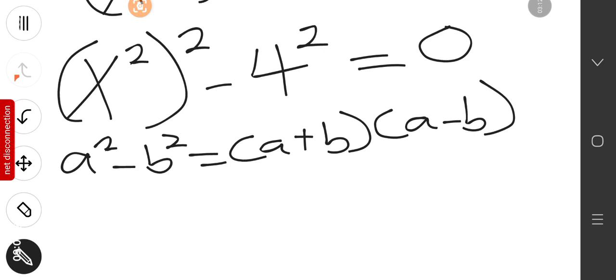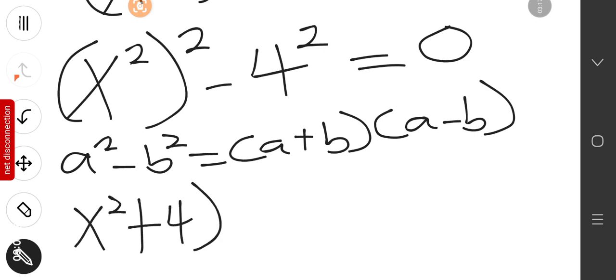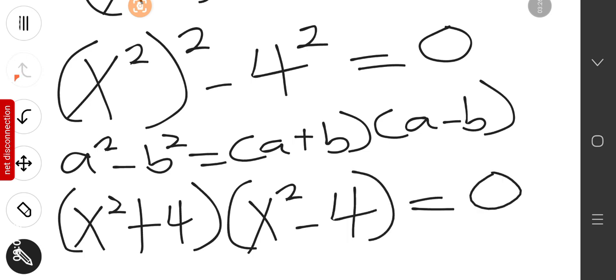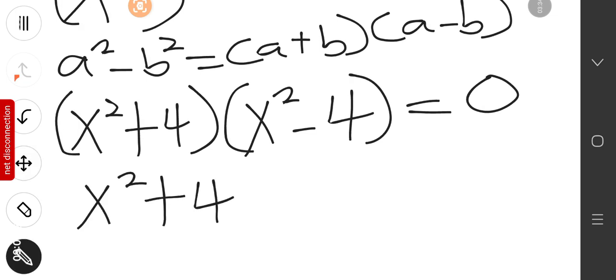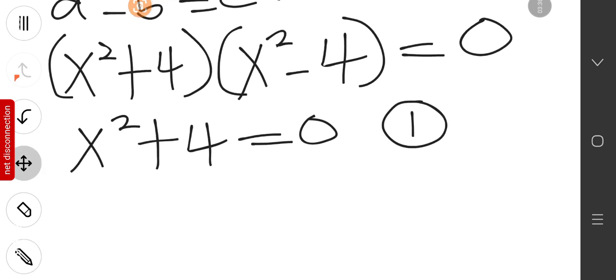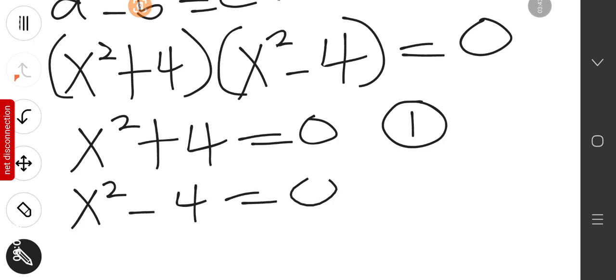So our equation is going to be x squared plus 4 multiplying x squared minus 4 equals 0. Let's call x squared plus 4 equals 0 equation 1, and x squared minus 4 equals 0 equation 2.